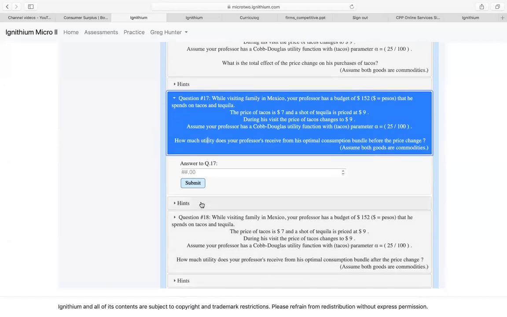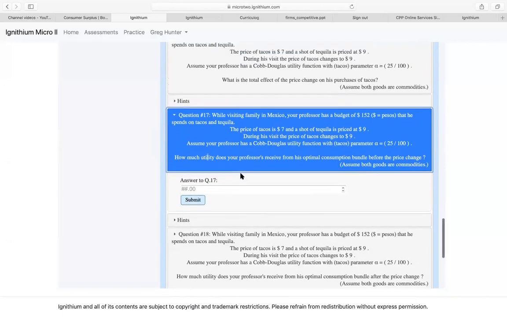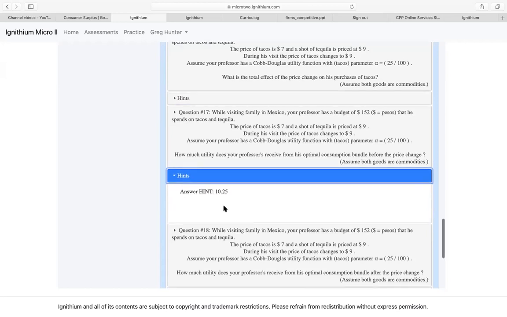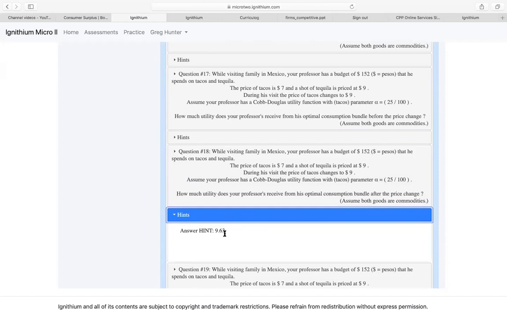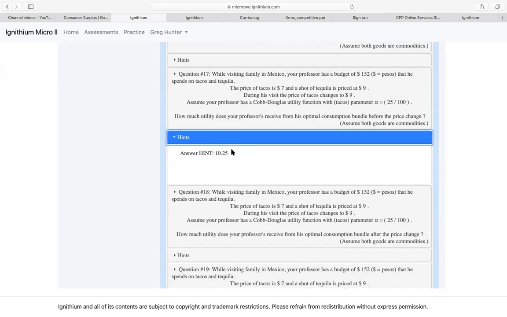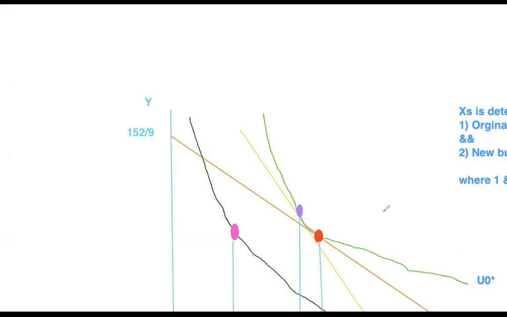So those are numbers we can substitute in there. How much utility before the price change? 10.25. How much utility after the price change? 9.63. So this is before the price change, before it turned to $9 per taco.